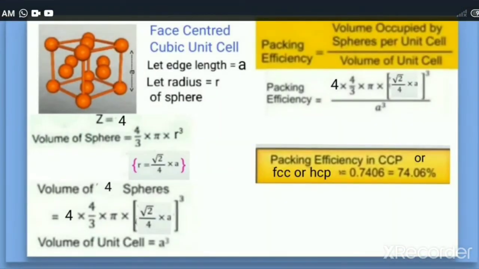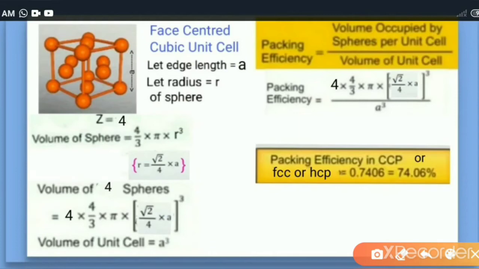Let us find out the packing efficiency in the face-centered cubic unit cell, or we can say cubic close packing, or the CCP arrangement. Here CCP arrangement, or we can say FCC arrangement, the particles are not only present at the corners but also at the center of each face.